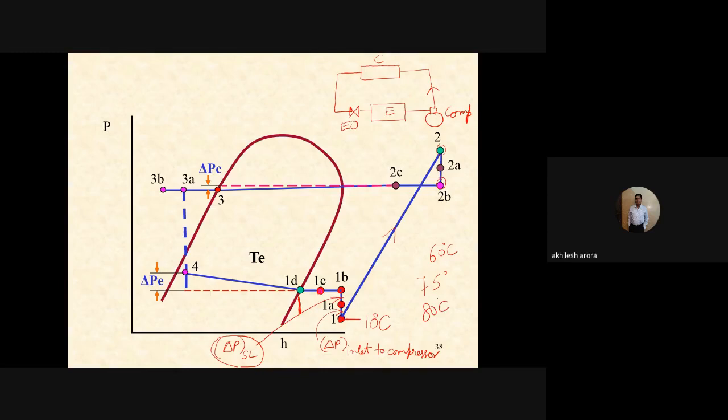I said the cylinder wall temperature of the compressor is 60, whereas the refrigerant temperature is 80. So the heat transfer will now take place from the refrigerant to the compressor wall. So basically this heat now will flow outside. The heat will go from inside of the compressor to the surroundings.